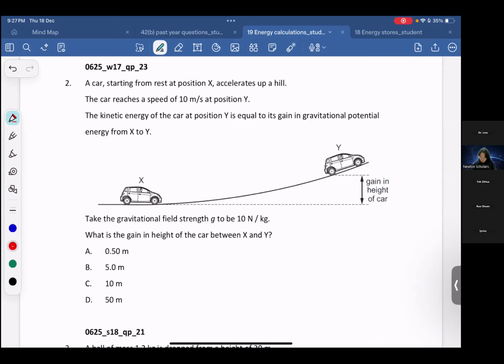The car reaches a speed of 10 meter per second at position Y. Then the kinetic energy of the car at position Y is equal to the GPE, the energy it gained from X to Y. Take g as 10. We take it as 10 now because this question is also from the old syllabus. If you use 10, then you get the answer from A, B, C, D here. What is the gain in height? So boys and girls, can you try it right now?